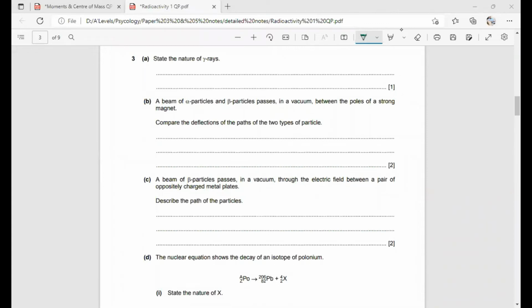Now, in the next question, state the nature of gamma radiation. So we know well about gamma radiation.